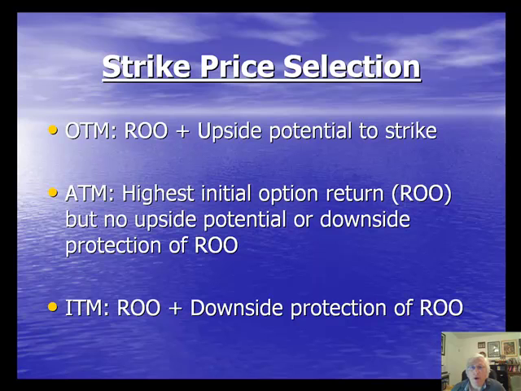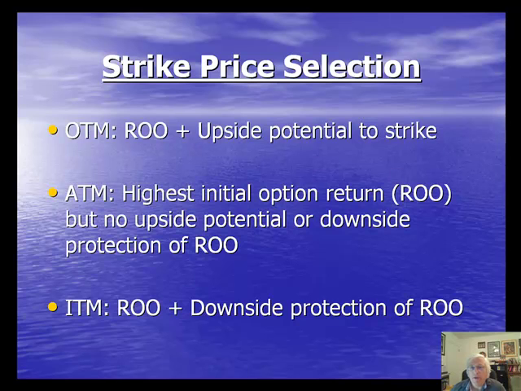Now, let's review some of these strike prices that we've been talking about as it relates to these calculations. We mentioned these before, but let's review them again. The out-of-the-money strike, we buy a stock for 28 and sell the 30 call. That gives us our initial option premium plus upside potential to the strike price.